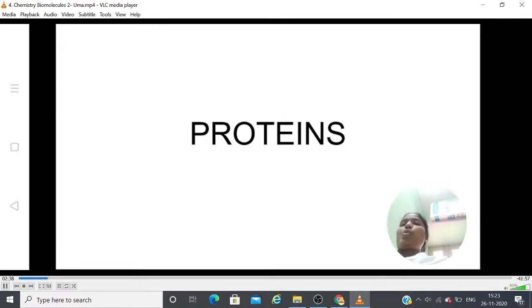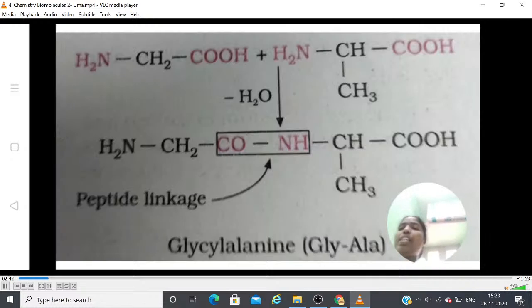Okay, so let us see how to form a peptide bond. See here, two amino acids are there.